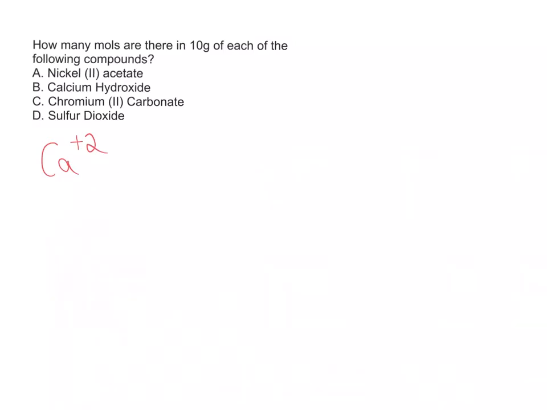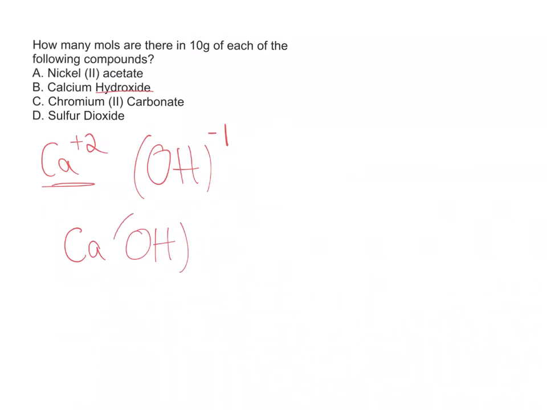Calcium is in the second column, which means it has 2 valence electrons, so it'll always tend to lose those 2, and it'll form a +2 ion like this. And then our second one here is hydroxide, which is OH. And OH, like acetate, always has a charge of -1. So when we put these together, we're going to get Ca and then OH2, because we need 2 -1 charges for every +2 charge that we have.